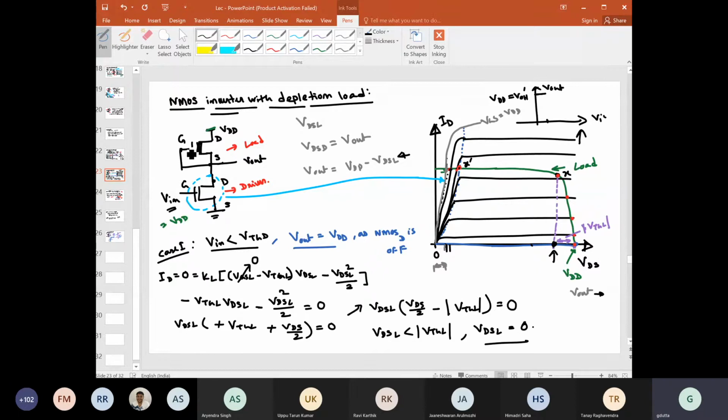But if we have some mechanism by which the input voltage can control the driver, and at the same time the pull up network is also controlled by the input voltage, then we may not face the issue where this line is constant hereafter, meaning we are not able to pull this part down, and not able to make the VOL dash equal to 0.